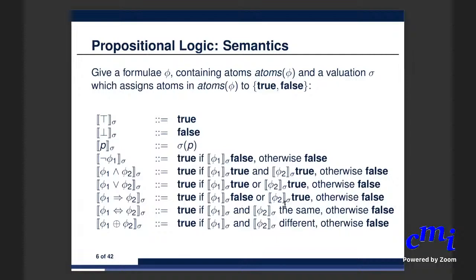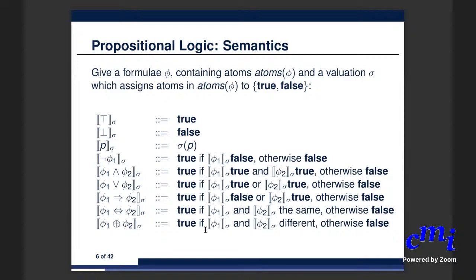Otherwise it is true only if phi2 evaluates to true. So this is if and only if. It's true if both phi1 and phi2 have the same truth value.